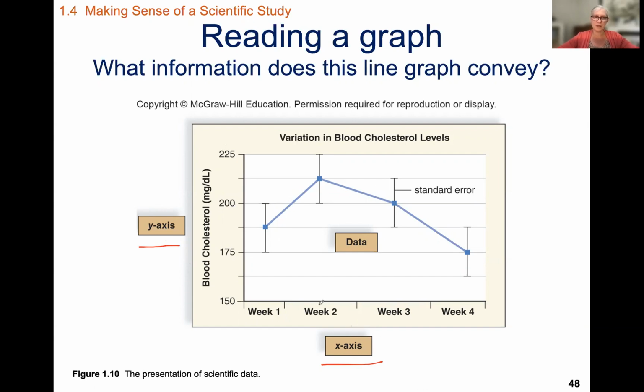Here, as an example, blood cholesterol levels going from 150 to 225, as that relates to a sequence, a chronological period in which we're seeing a variation in blood cholesterol levels in a particular study. So these are the two locations. You want to understand the data points that are represented there.